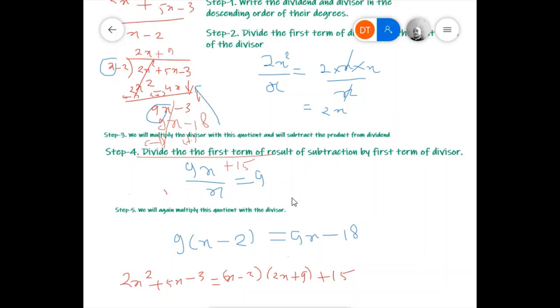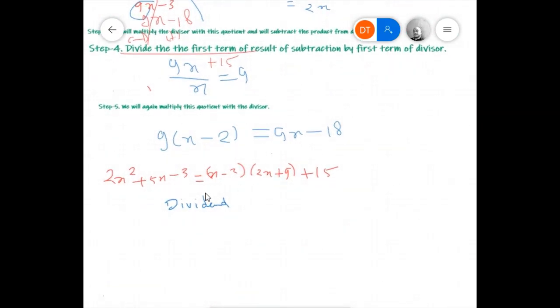Therefore you can see what we have written: this is called the dividend. This one, 2x square plus 5x minus 3, is the dividend, and x minus 2 is the divisor.